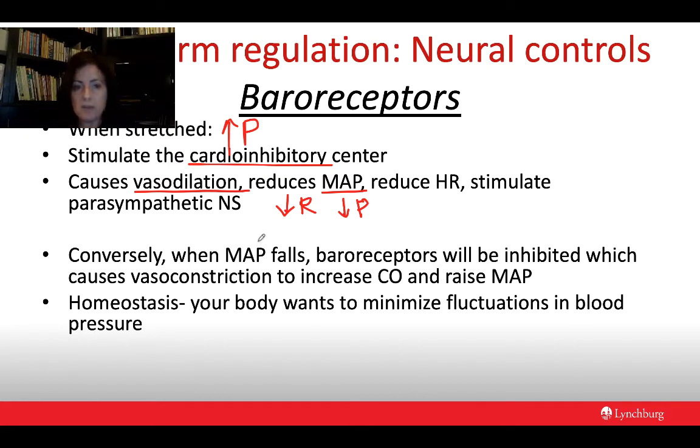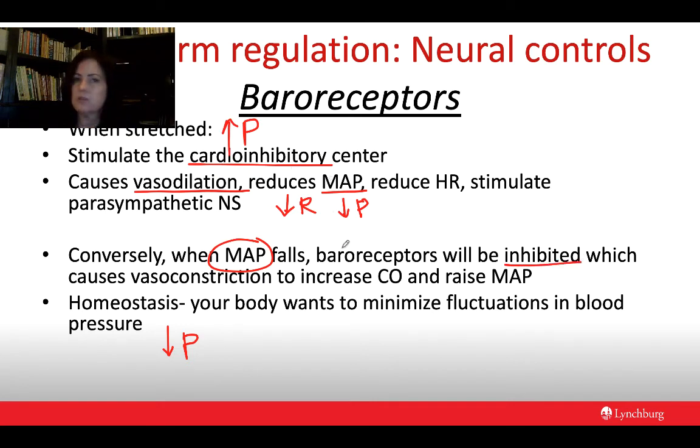On the flip side of things, if we have a decrease in pressure, so let's say that you go from lying down to sitting up and blood flows from your head down, we just experienced a decrease in pressure in these arteries here. Those baroreceptors are inhibited because, again, they're stimulated with stretch, okay?